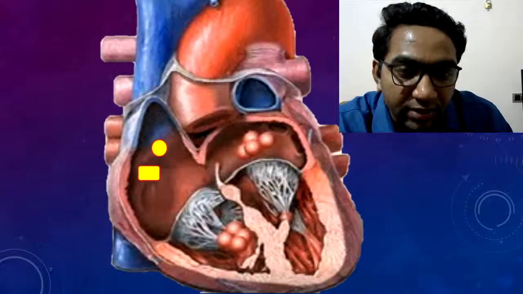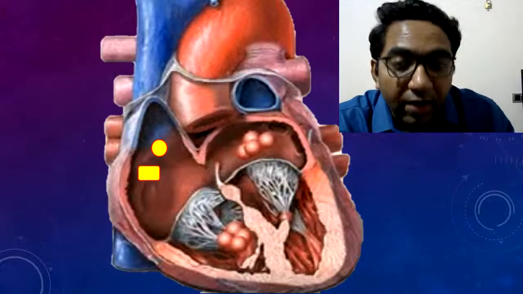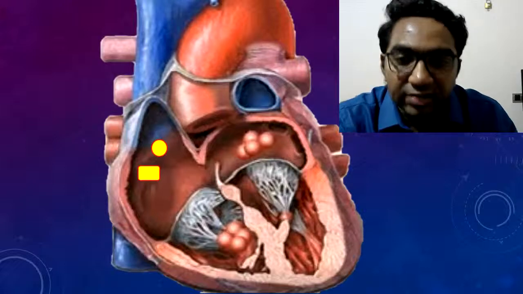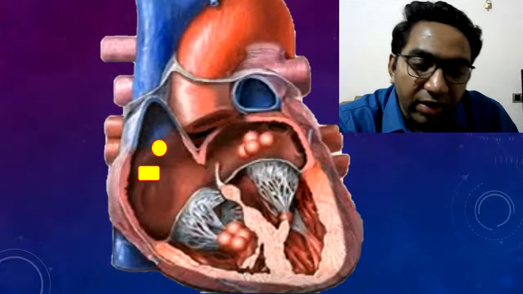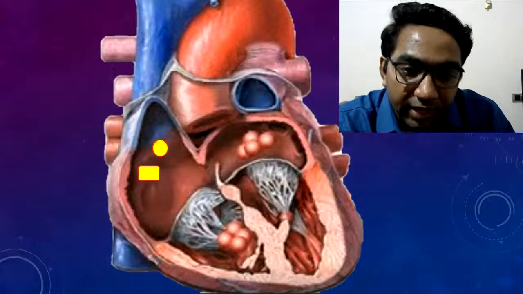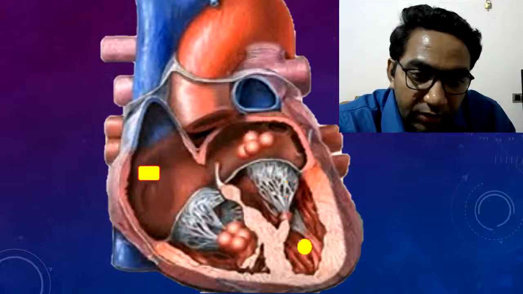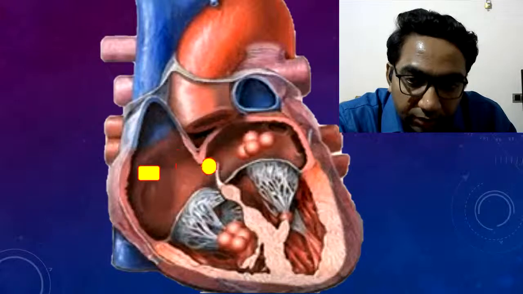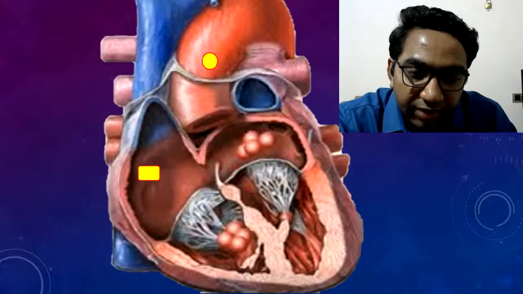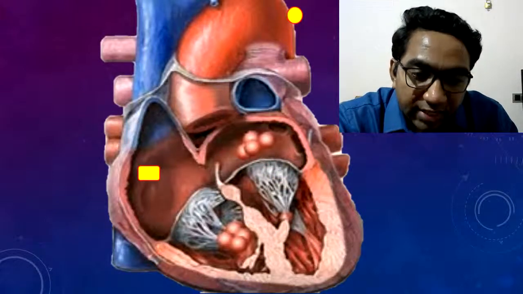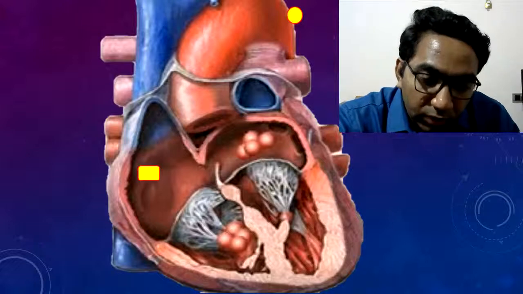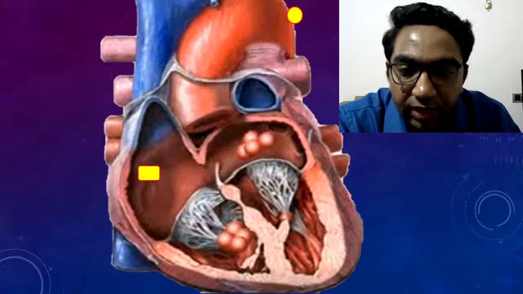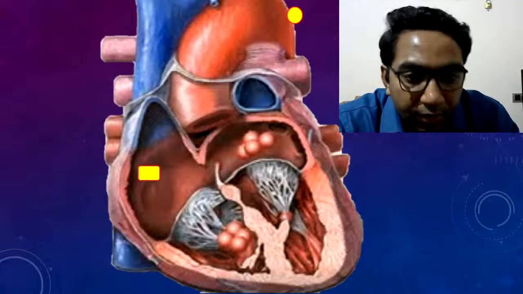In the heart, what happens? First, what happens in normal fetal circulation? We will see that. In normal fetal circulation, the blood from the right heart drains. It can go from the right atrium through the atrial septal defect to the left atrium, then to the left ventricle, and then to the aorta.